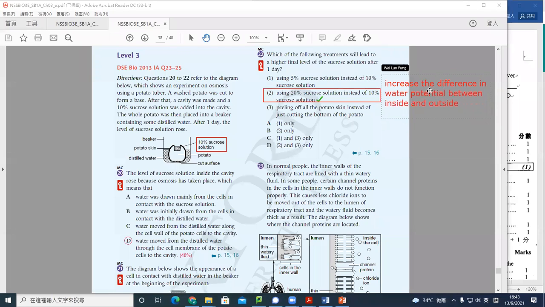Therefore, of course, the liquid level will go even higher.